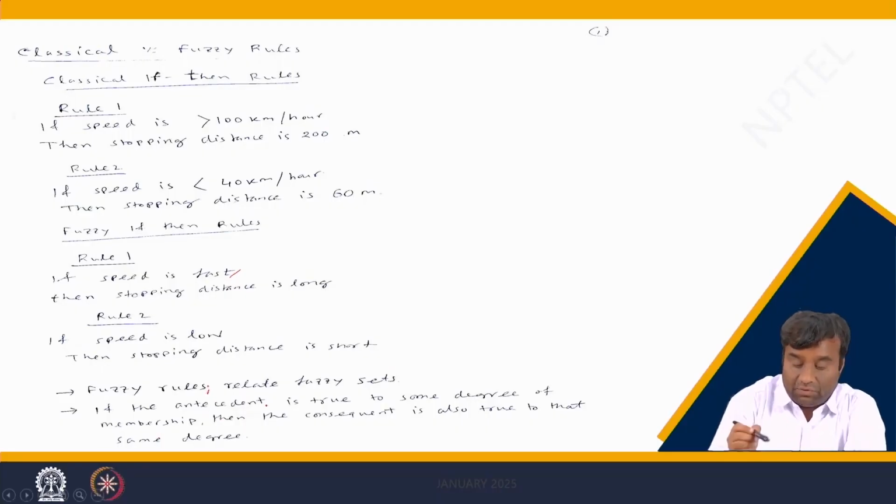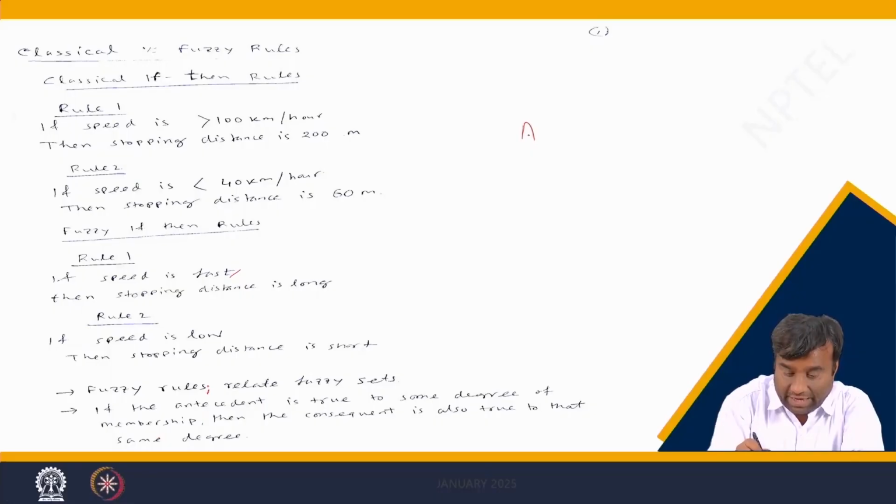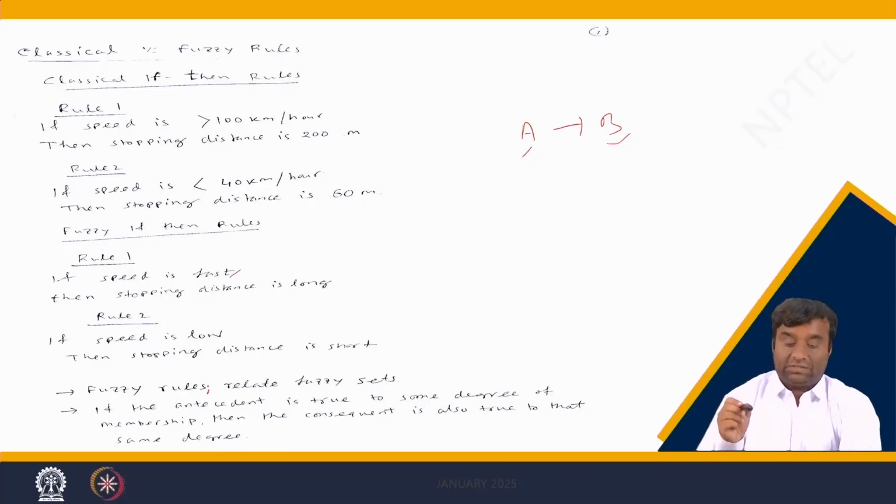In a rule, if A implies B, the set A is known as the antecedent. If the antecedent is true to some degree of membership, then the consequent, that is B, is also true to that same degree. Try to understand this concept.